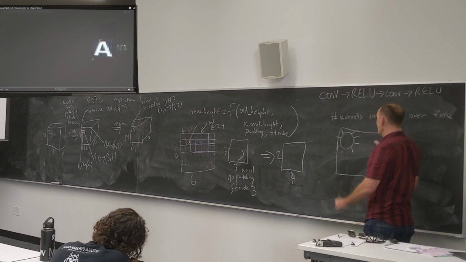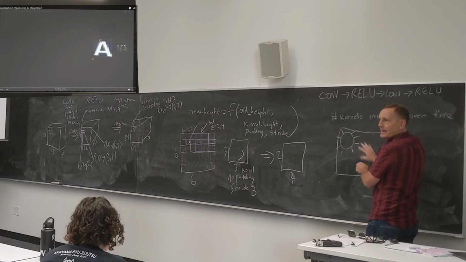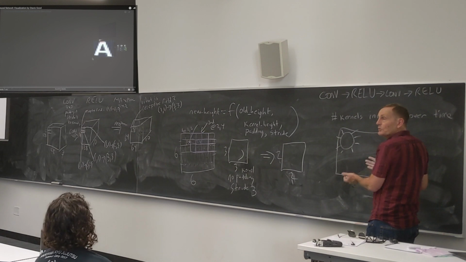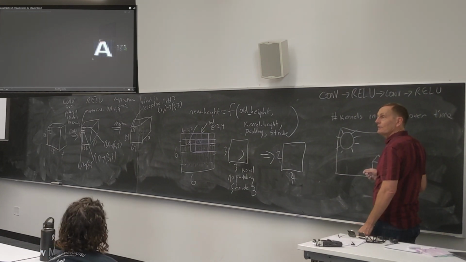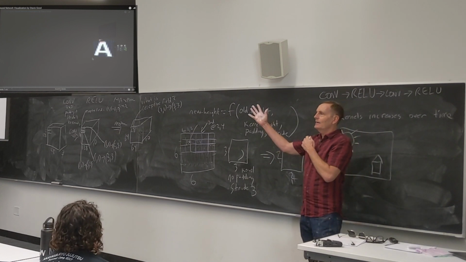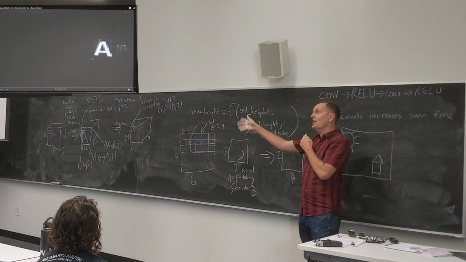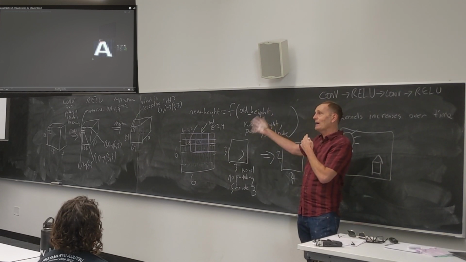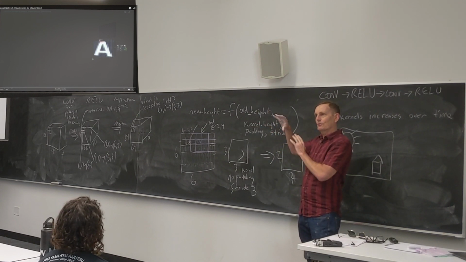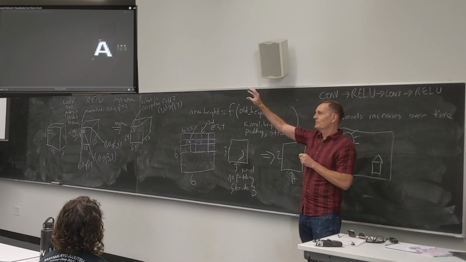And you might even want a kernel that says a sun to the top left and a house to the bottom right, which we can do with a 3 by 3 kernel, as long as our inputs coming in had a feature map that included, for one of the planes, sunness and, for another one, houseness. Then we could construct a kernel that had sunness at the top left and houseness at the bottom right.